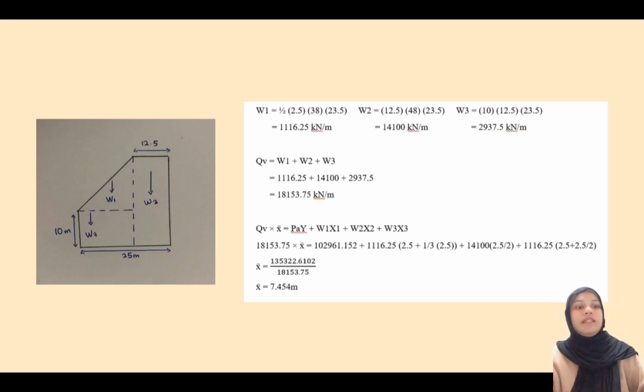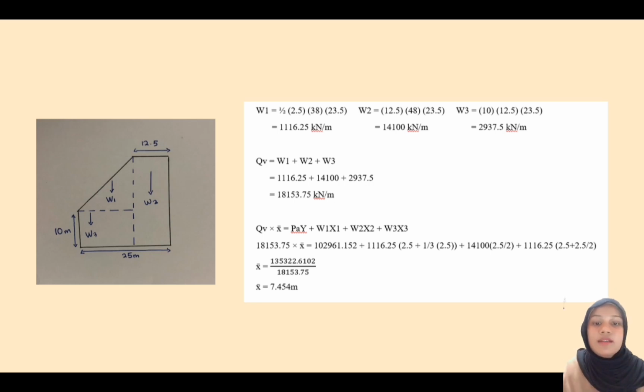So we got 2937.5 kilonewton meter. So after we find W1, W2, W3, we have to find QV. So QV means W1 plus W2 plus W3. So we just plus the answer. So we already find 18153.75 kilonewton meter.